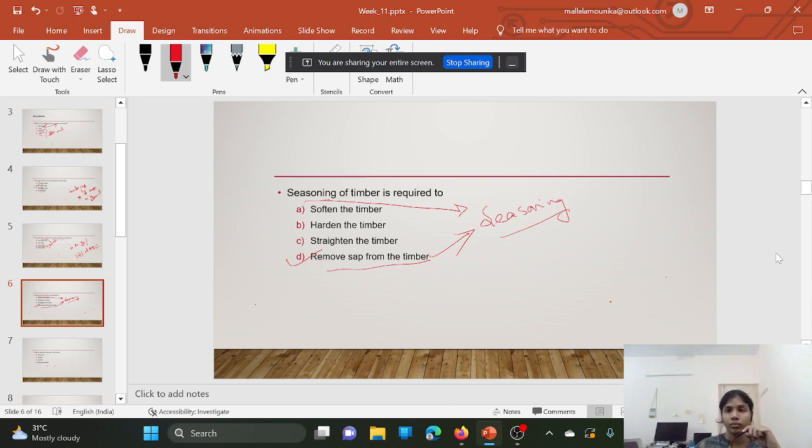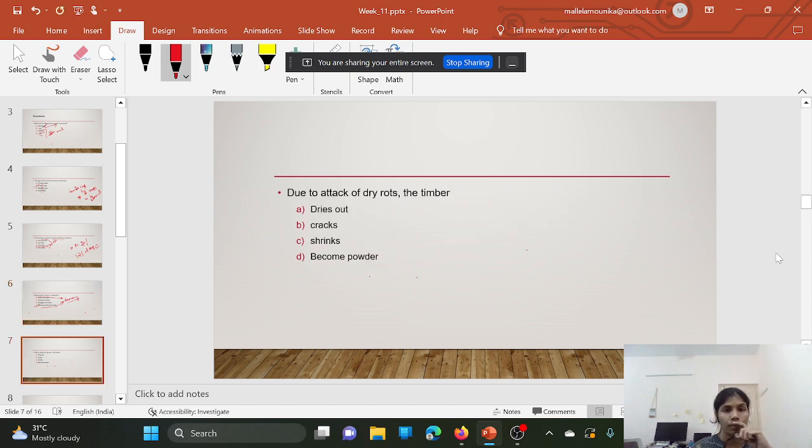And these are due to attack of dry rods. What will happen to the timber because of the attack of dry rods? For suppose, when the timber doesn't have proper ventilation or proper circulation of air, what will happen? The moisture content will be high, and the timber will be decomposed.